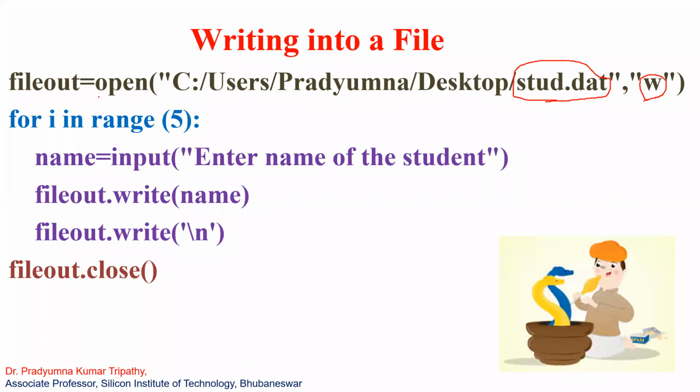Then what I do over here, for i in range of 5, the value from 0 to 4. So 5 times, what will it do? It will input the name of the students and write into the file. To write into the file, the function is write. The file object dot write writes the content into the file.